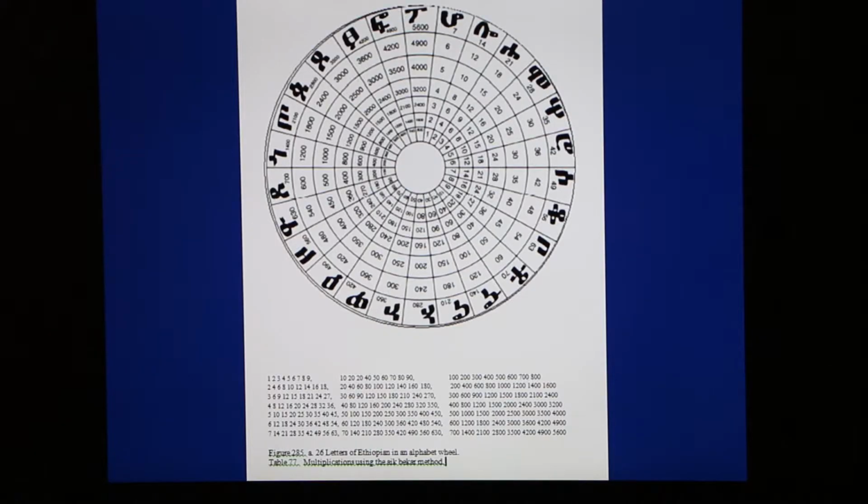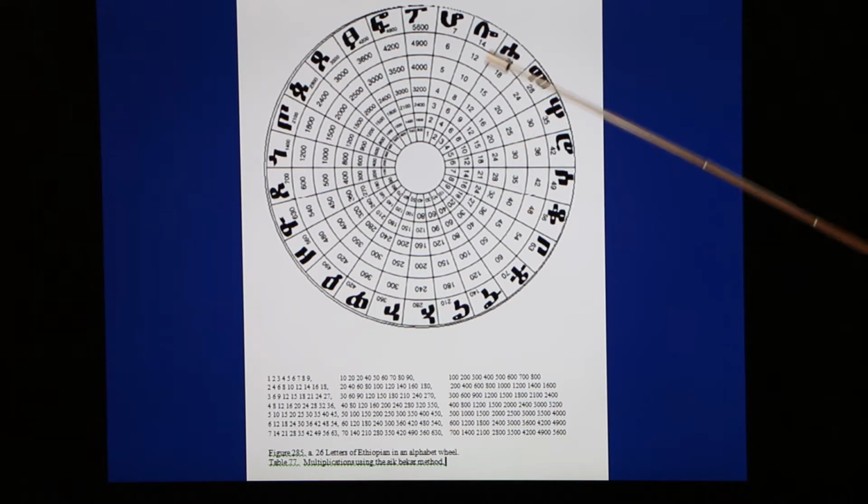So yet another way of presenting the system is to make a circle, and now start here and go around. And this is the so-called Ethiopian alphabet wheel.